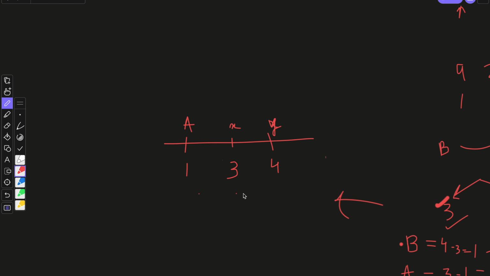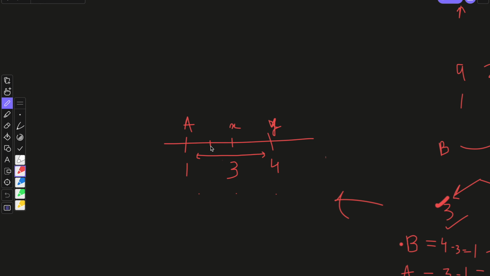So these are the 3 positions. In order to be closer to X and Y, Bob needs to choose a position that is here. So he will be closer to X and Y both.